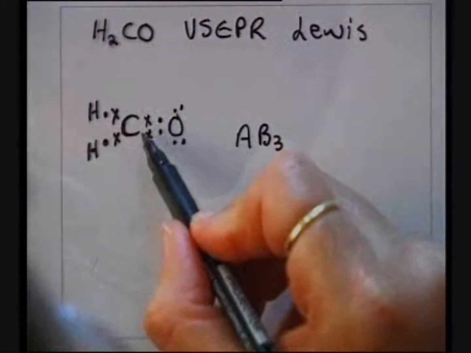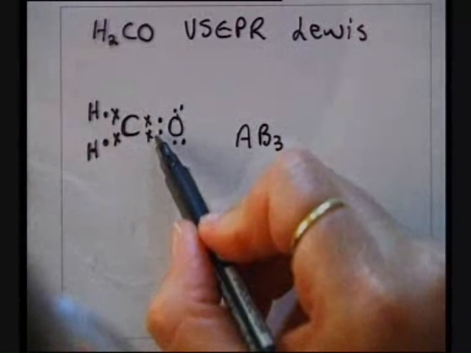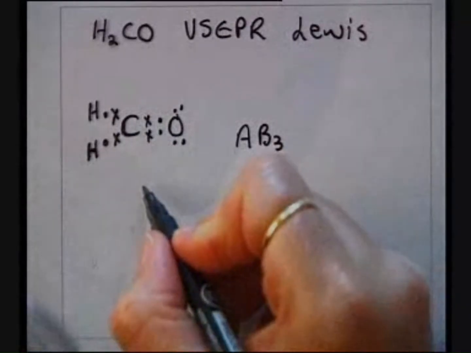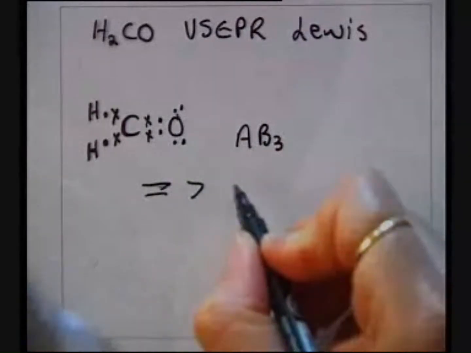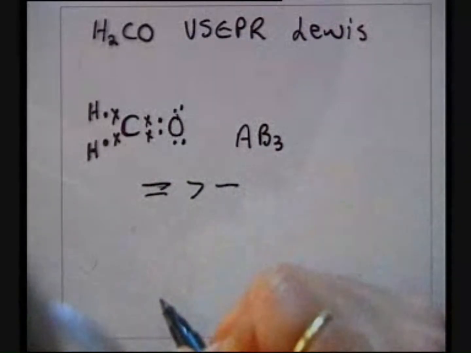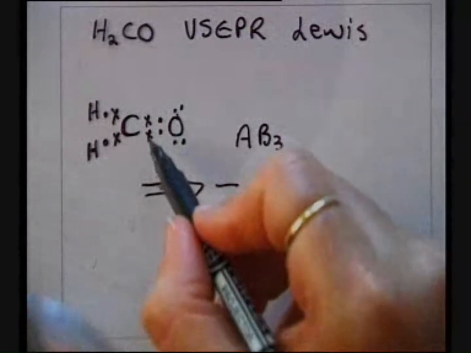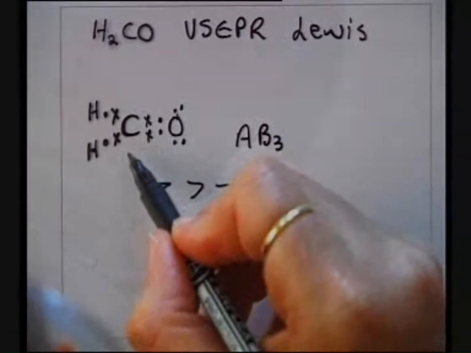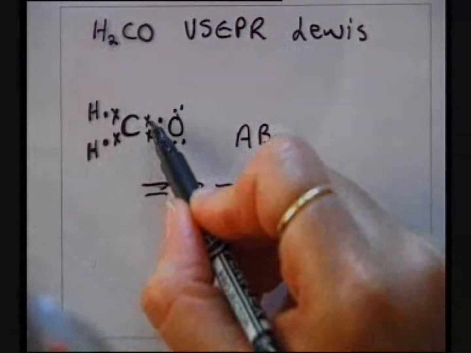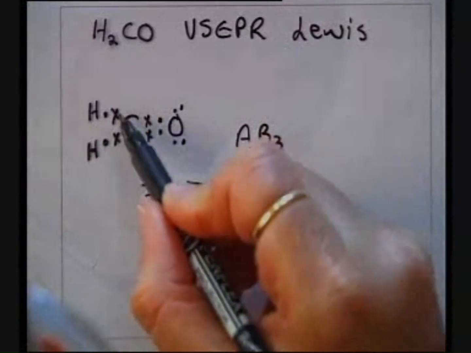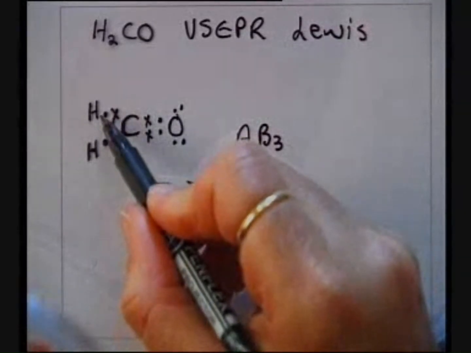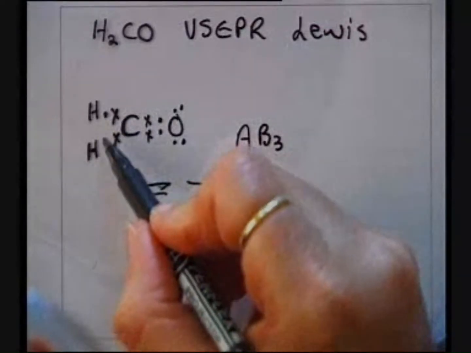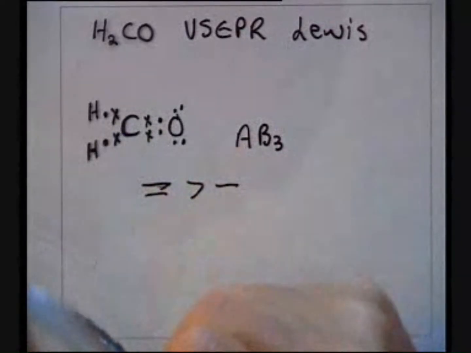The double bond will cause some distortion in the molecule because the volume of a double bond is larger than the volume of a single bond. And we do expect, when we start to think in terms of bond angles, that the bond angle from the double bond to the single bond will be a bit larger, and then the bond angle between the single bonds here will be a bit smaller.